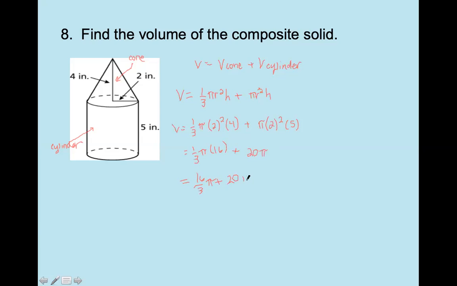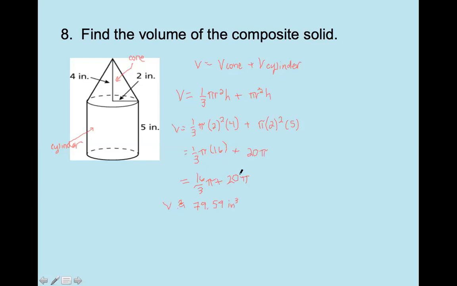And you can get a common denominator and add those together. Or if you want the decimal approximation, it is about 79.59. We look at our units and it's inches cubed.